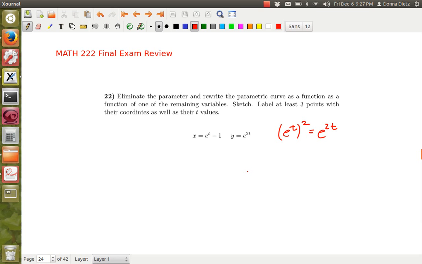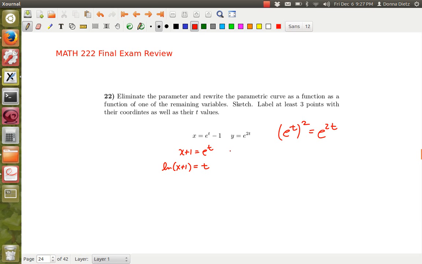But the standard way to eliminate parameters, or one of the standard ways, is you could solve each of these equations for t and then set them equal to each other. That would be the long way to do it. And then in this case, you'd have natural log of x plus 1, and then natural log of e to the t, so you'd get t.